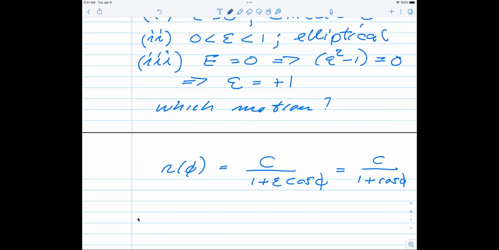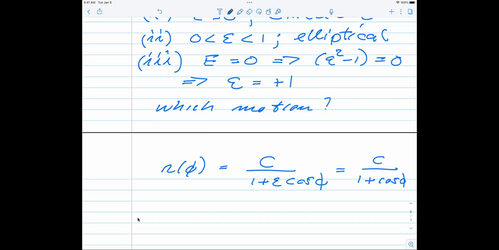If you look at that one, it can become 0. And you will see that reflected in the solutions, that you will actually see the object just disappearing. So you will never have a stable orbit here. So as these angles move from 0 to 2 pi, you will actually hit points where the radius goes to infinity. So this is already a signal that this is not going to be a stable orbit.